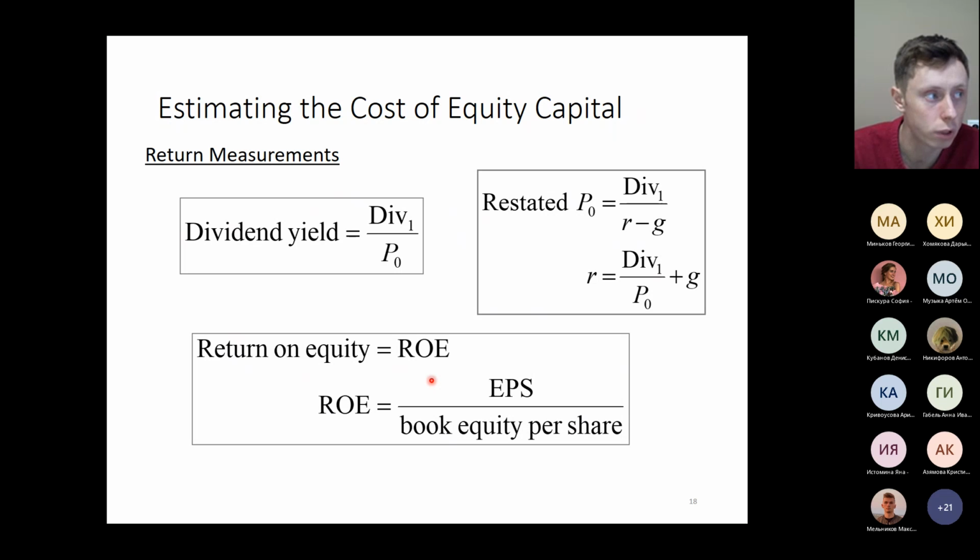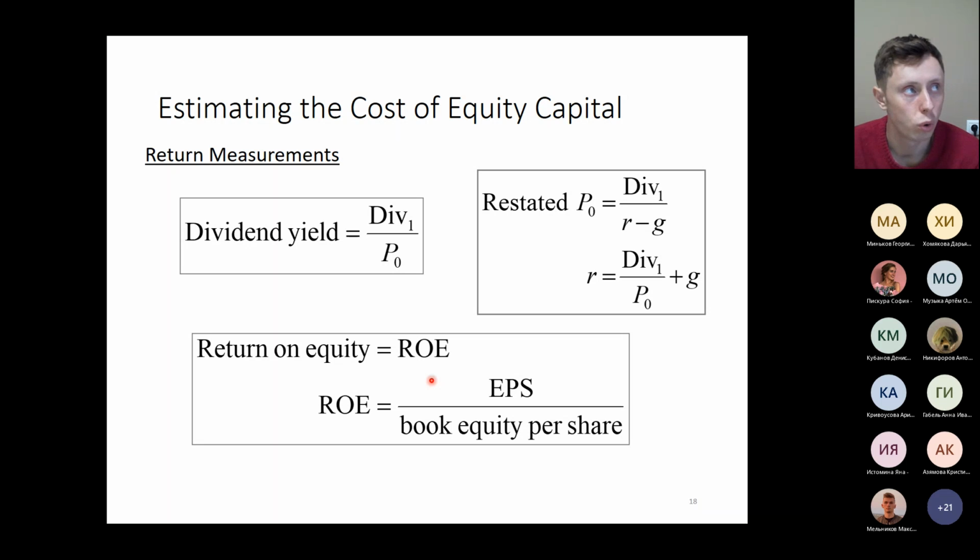If every time you take out all the earnings that were made, then next period you start from the same value of assets, which means that no growth happened. The growth comes from the reinvestment of the earnings.